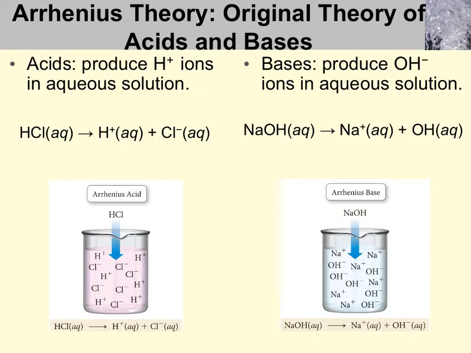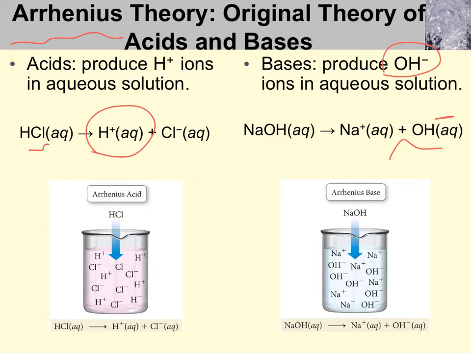Alrighty, so let's talk about the chemistry of acids and bases. And again, you can recognize an acid because it has a hydrogen ion that is donated. And bases, the original definition, which was by somebody named Arrhenius, defined bases as producing hydroxide ions in aqueous solution.